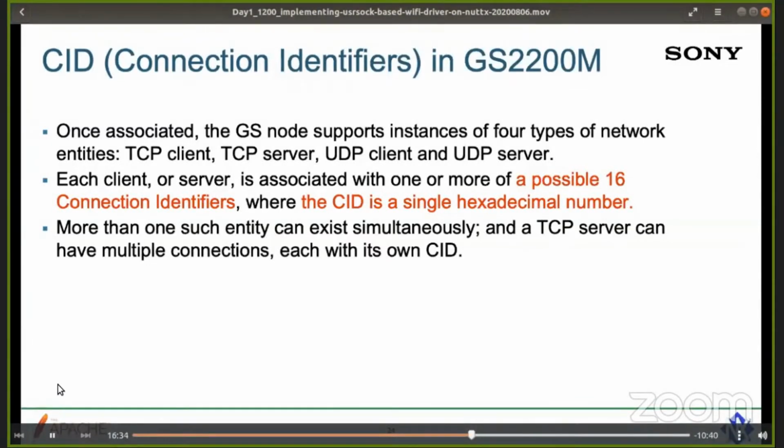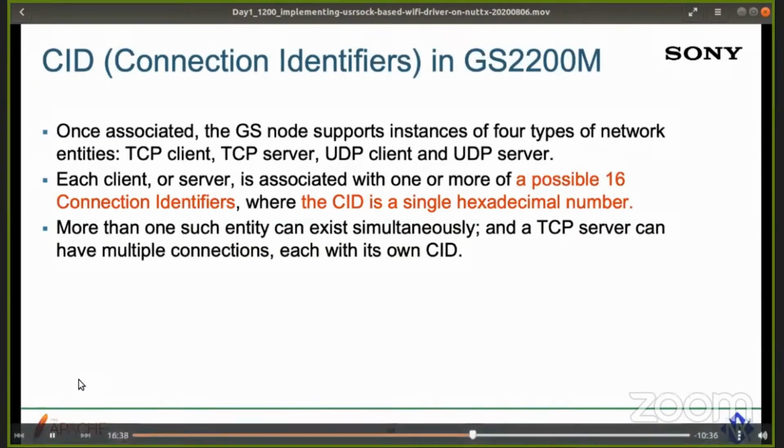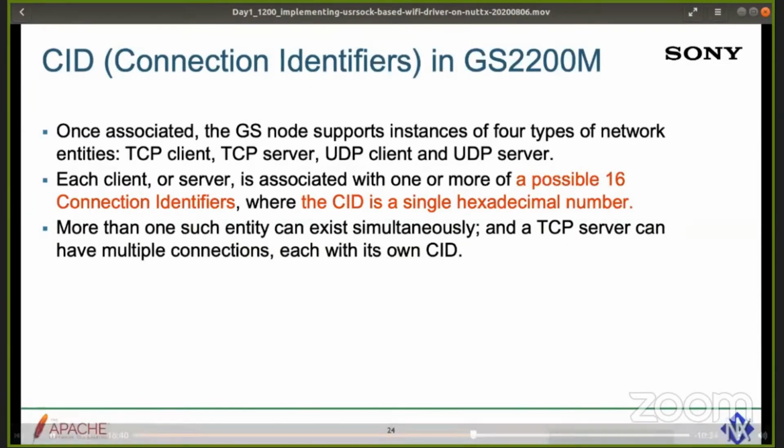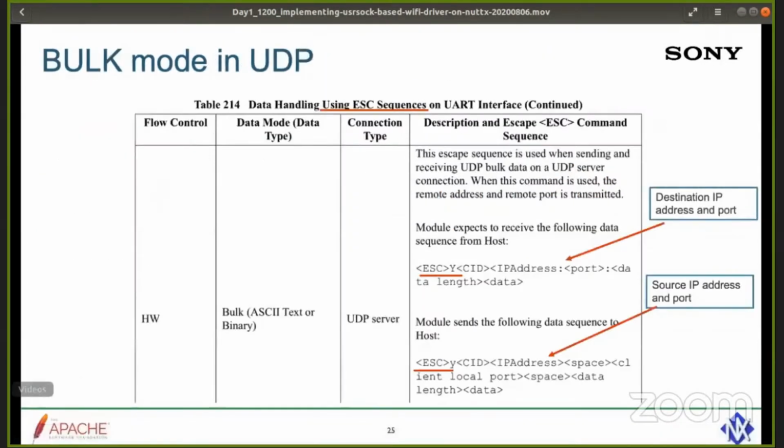So we need to manage this CID in the driver as well as the USRSOCK ID, which is used for the USRSOCK driver. To send and receive UDP packets, we have to use bulk mode in GS2200M. In bulk mode, packet data must start with an escape sequence, the ESC character followed by Y, which means it's a UDP bulk packet.